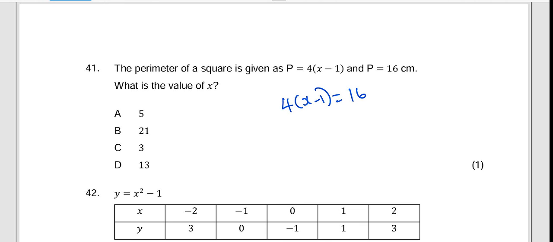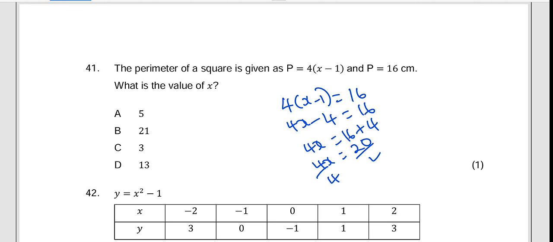Where there is P, I put 16. So 4 times x is 4x, 4 times minus 1 is minus 4, equals 16. I will take this to the other side: 16 plus 4 is 20. I'll divide by 4. X is going to be 5. The correct answer is A.